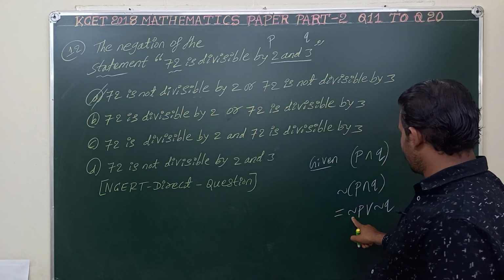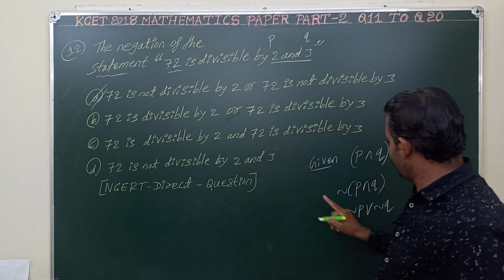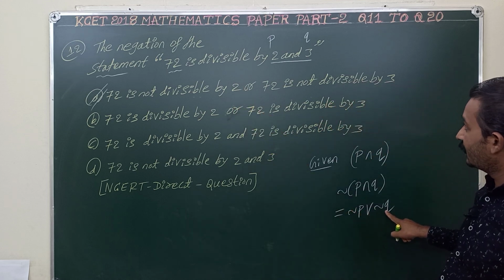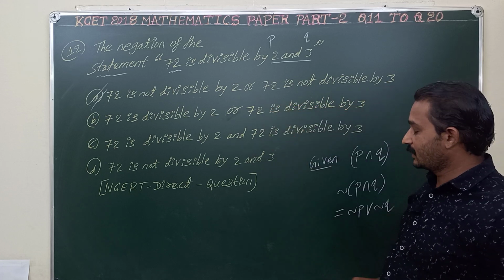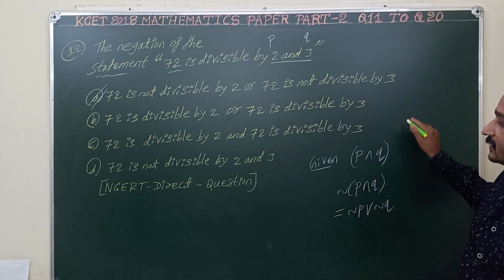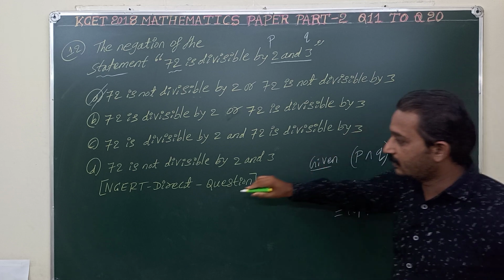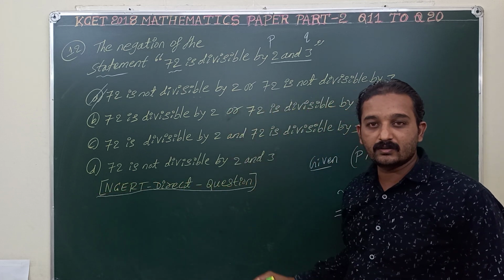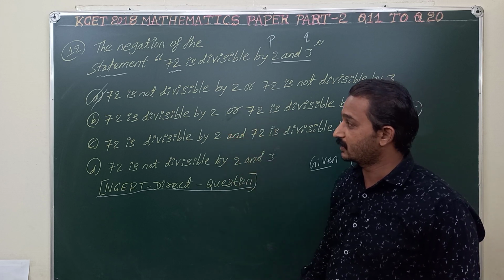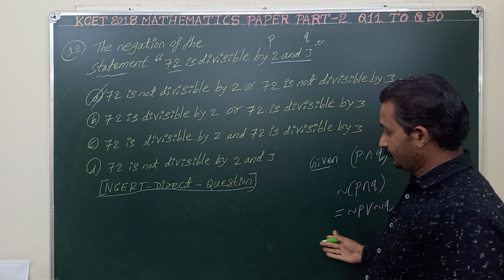Here 72 is not divisible by 2, or not Q, which means 72 is not divisible by 3. Option A is the correct answer in this case. This is an easy question, an NCERT direct question. All the students solve this type of question easily because they have already solved it in the NCERT textbook.